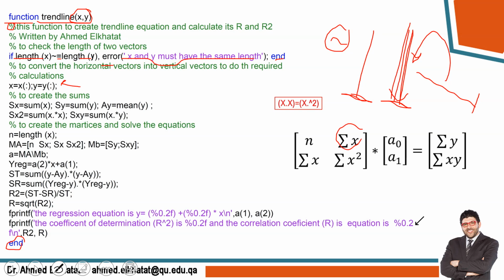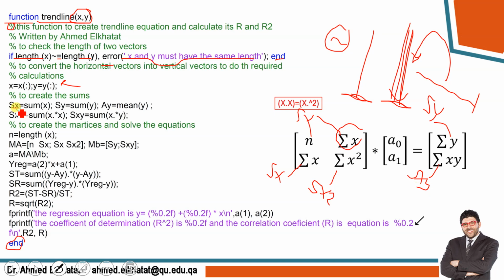Now we want to create the summation. Let's start. I will call this one sx, this one sx2, this one summation y, and this one sxy. Now let's identify each one.